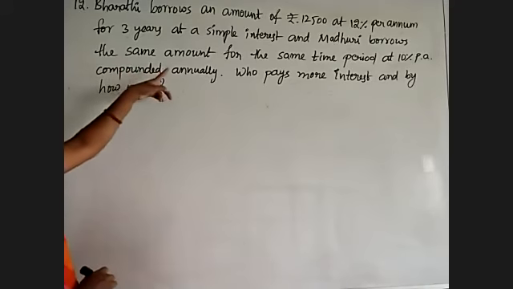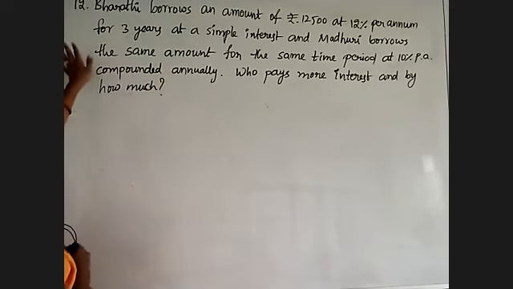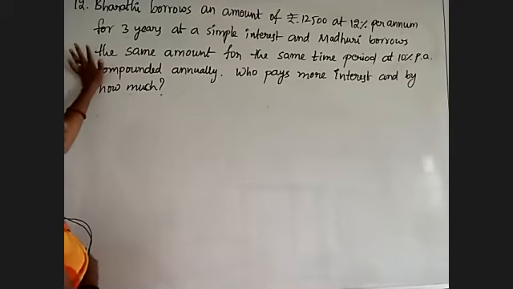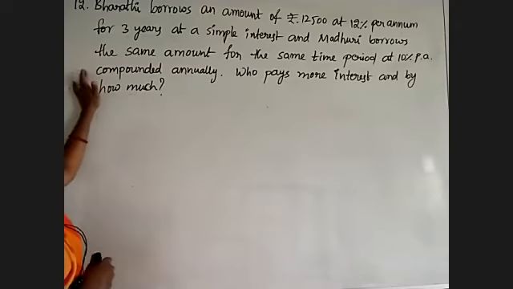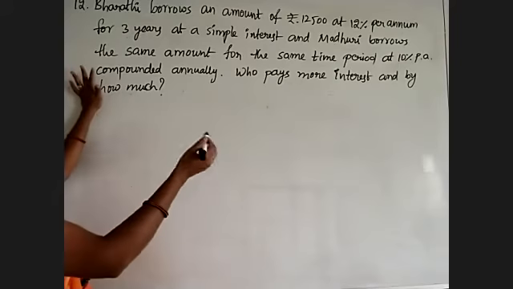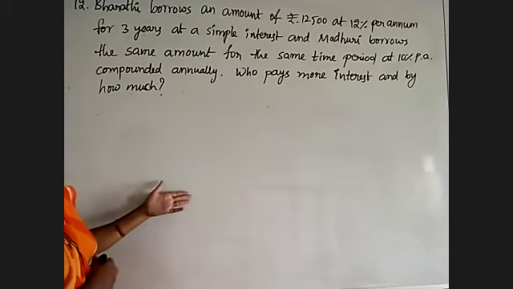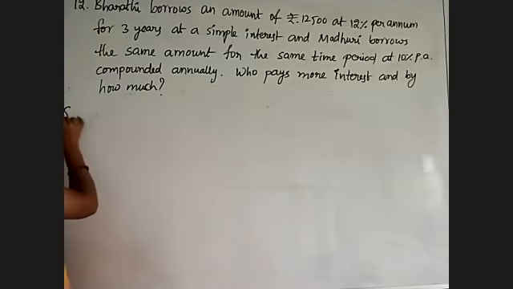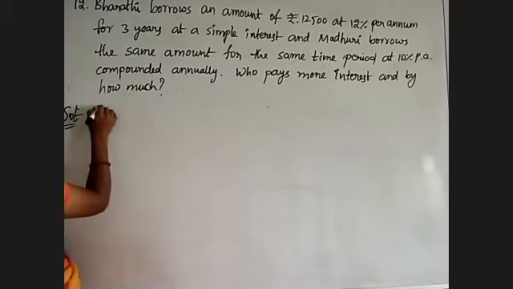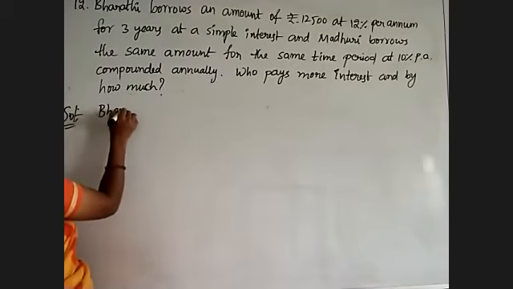In the case of Bharati, we have to find the simple interest, and in the case of Madhuri, we need to find the compound interest from the given values. After getting the two interest values, we need to find their difference and who paid more. Okay, so observe. First I am doing it for Bharati.